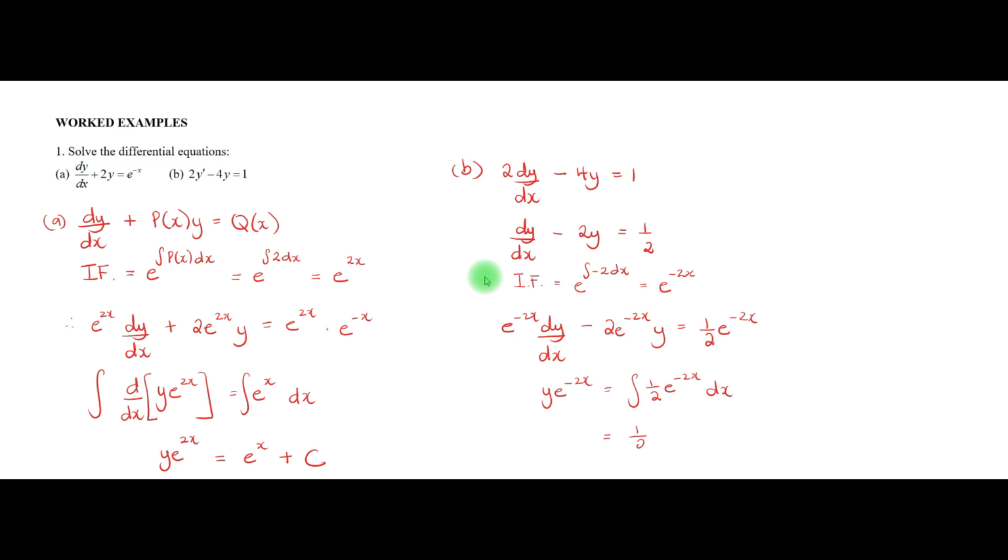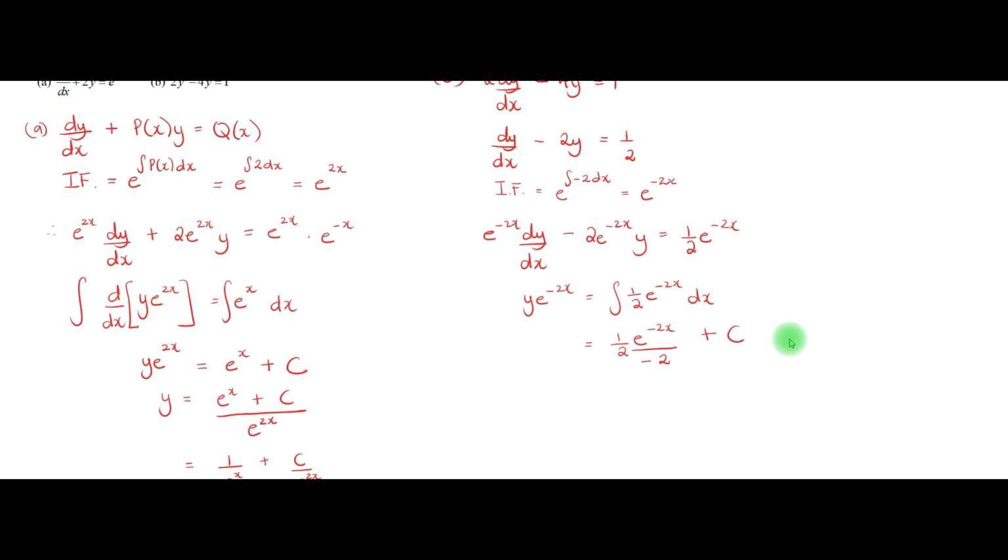So we get half e to the -2x divided by -2. And do not forget your plus c. It's very important, especially when we're doing differential equations.